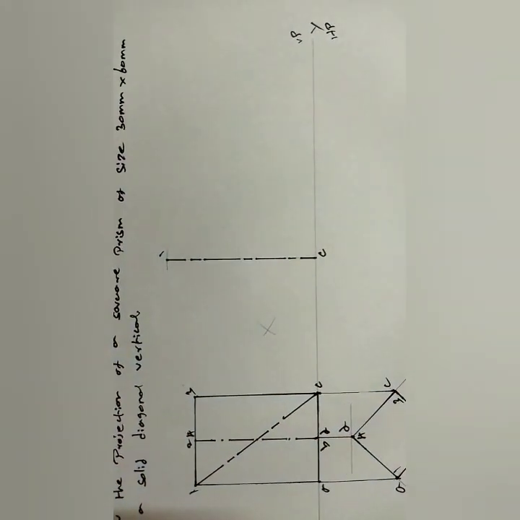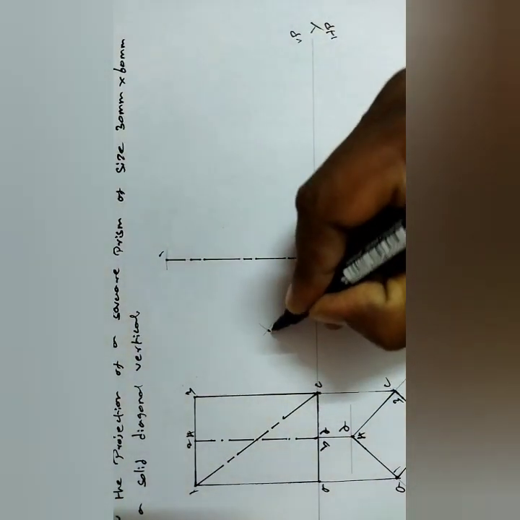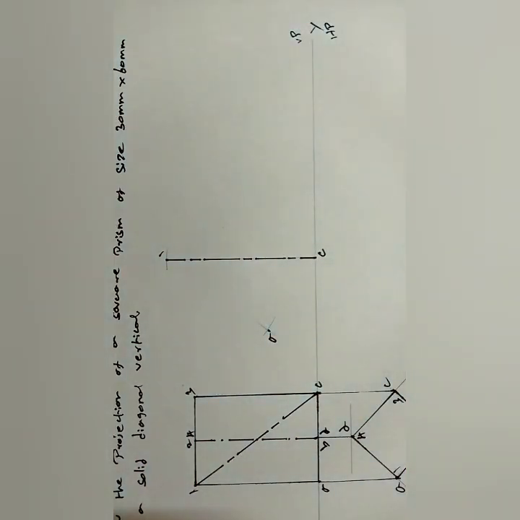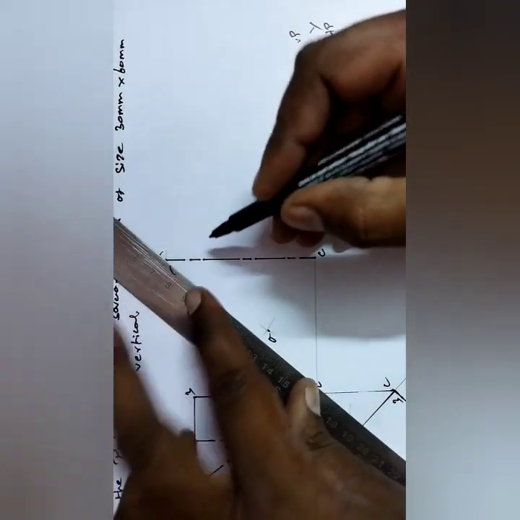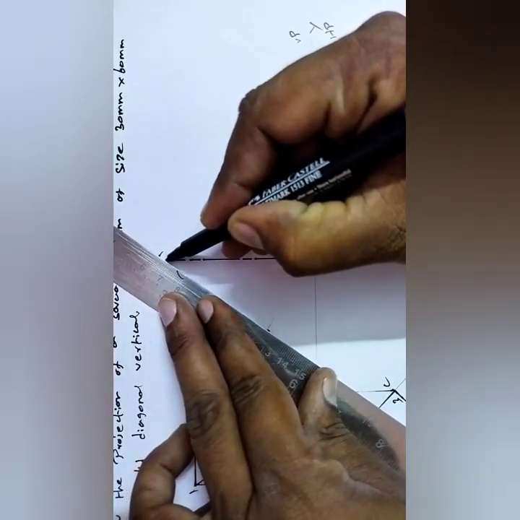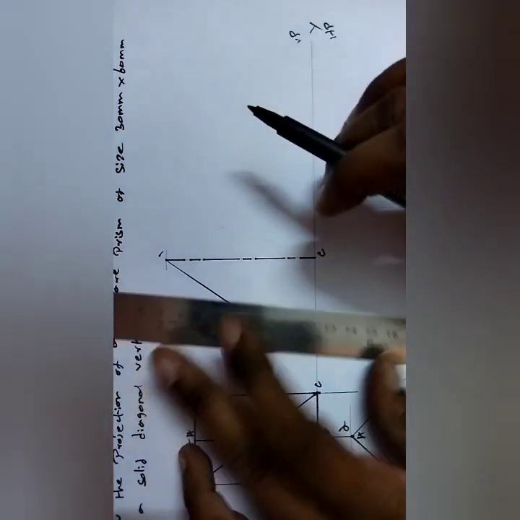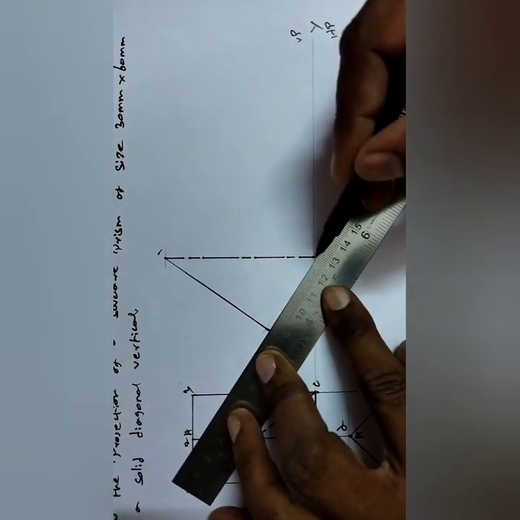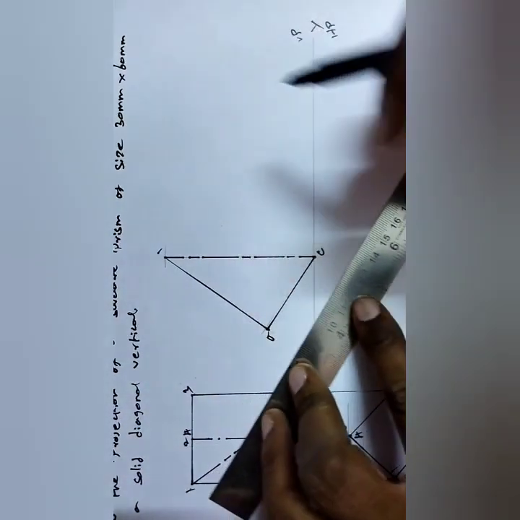The intersection point is A. Join 1 to A, and C to A.